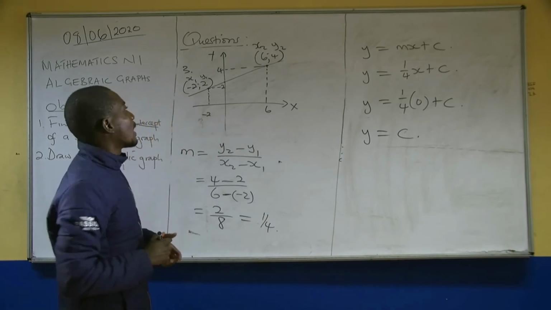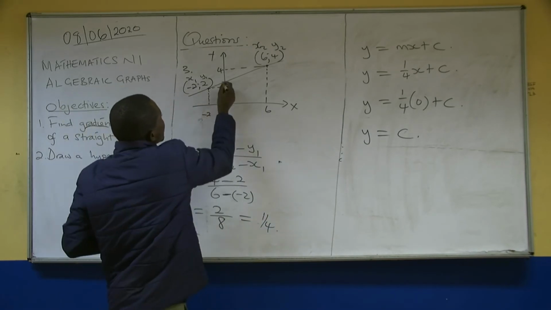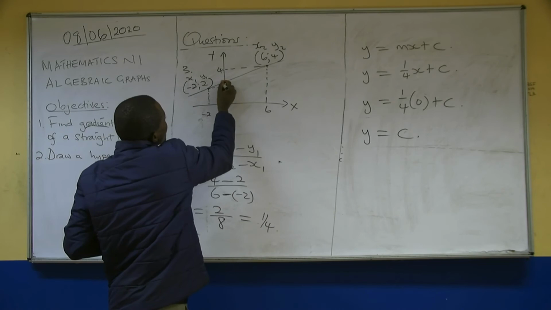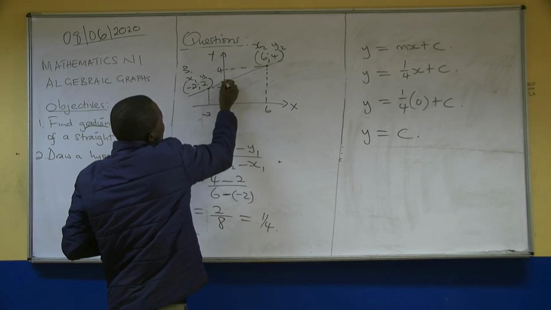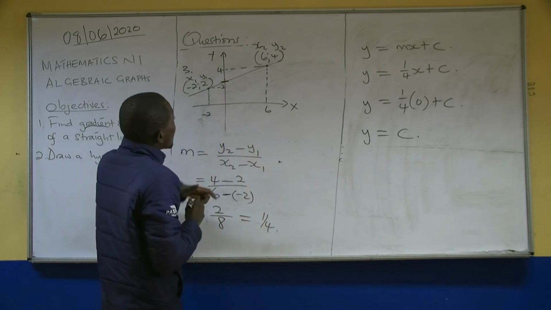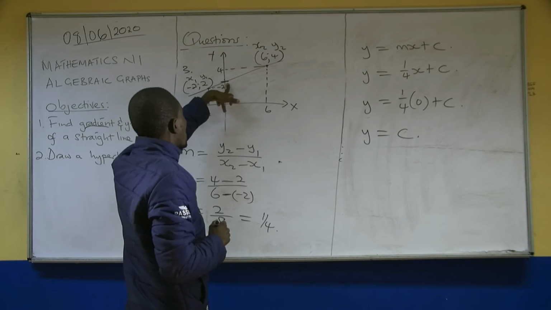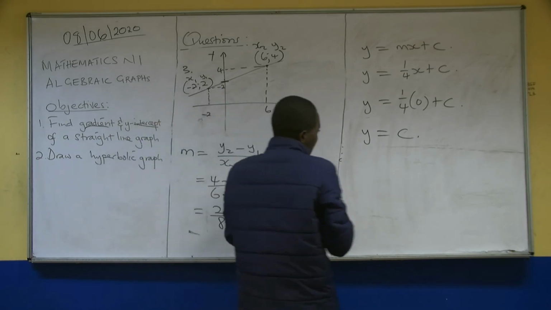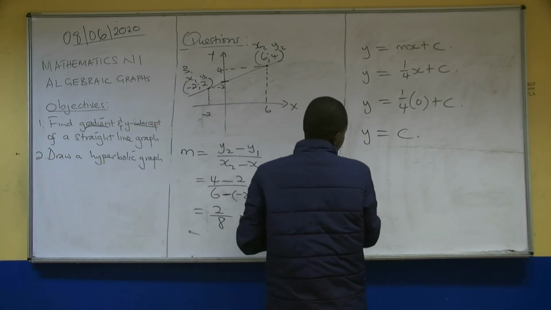In other words, y will be equal to c. So it means the value of c that you want at this point is the value that will be equal to the value of y.